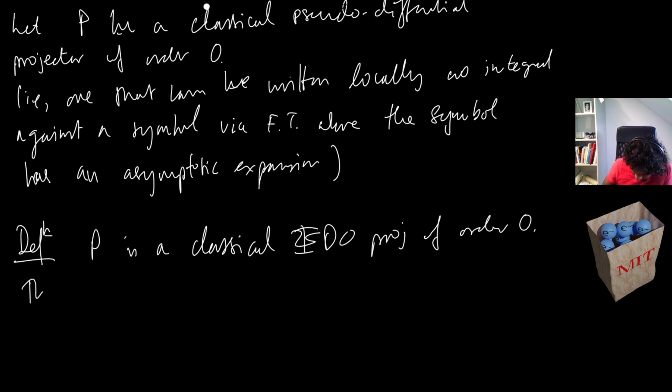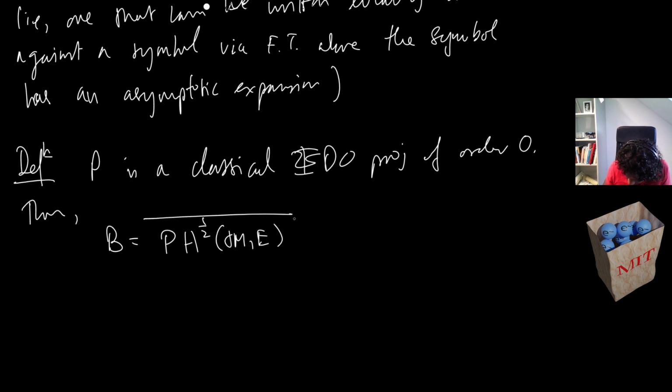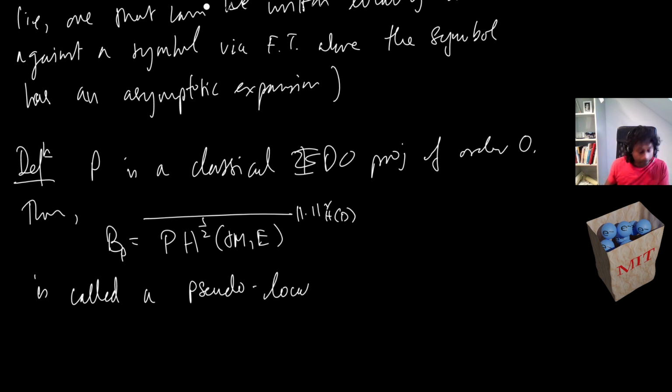Then we define B equal to the projection of H^{1/2}, and then we take its closure in H check. This is called, so maybe I'll put B_P, a pseudo-local boundary condition.